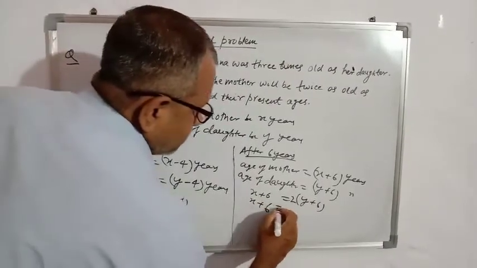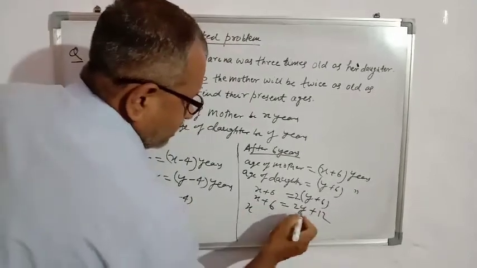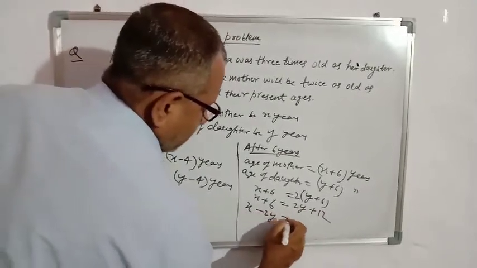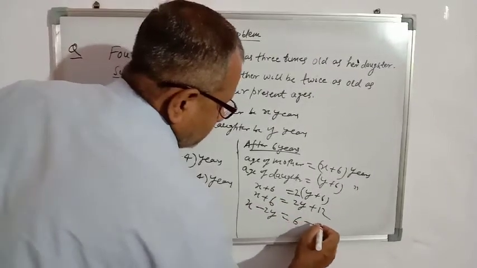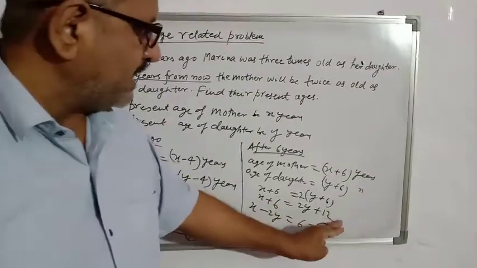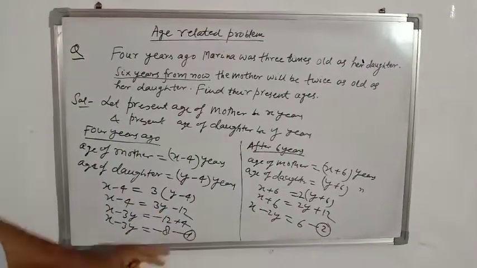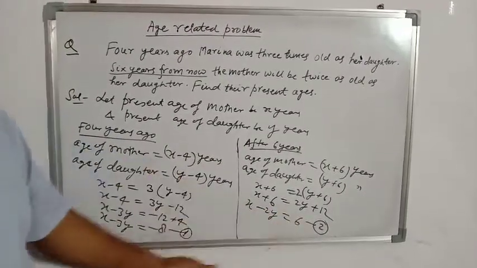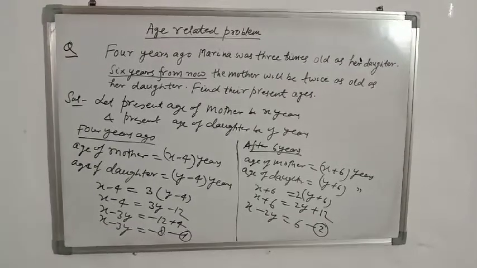X plus 6 equals 2y plus 12. Transpose 2y: x minus 2y equals 12 minus 6, which is 6. This is equation number 2. Now we will solve the first and second equations to find the values of x and y.